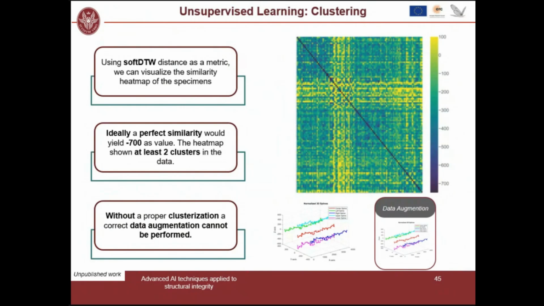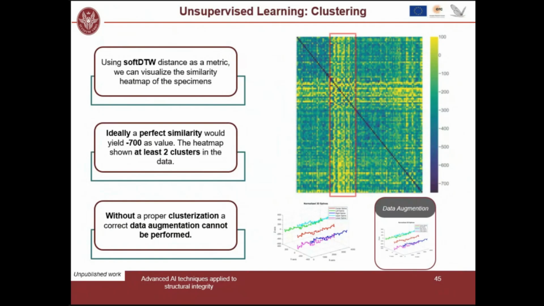If I use that loss function to compare each specimen to each other, I see that a lot of specimens are similar to each other, but I see those very bad yellow bands. So there are two or more clusters inside the data.